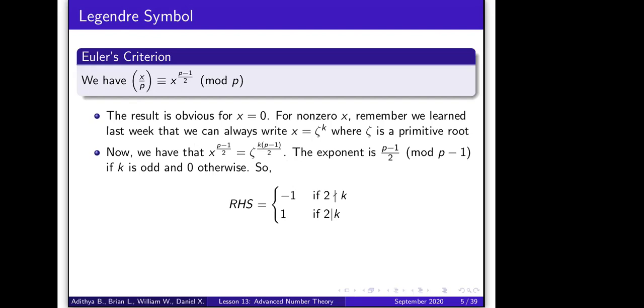And zeta to the p minus 1 is, of course, 1 by FLT. So the right-hand side is -1 if 2 does not divide k, and 1 if 2 divides k. Does that make sense? Let me know in the chat if I need to go slower.